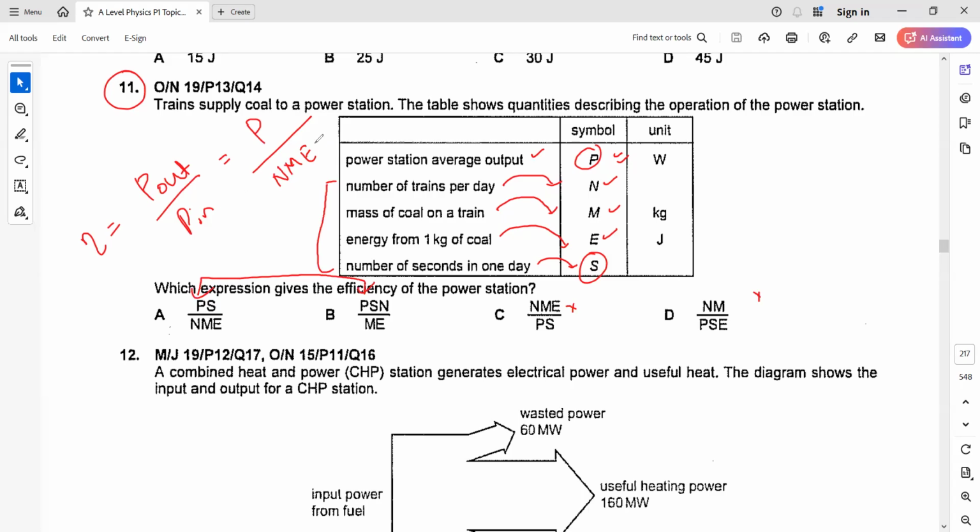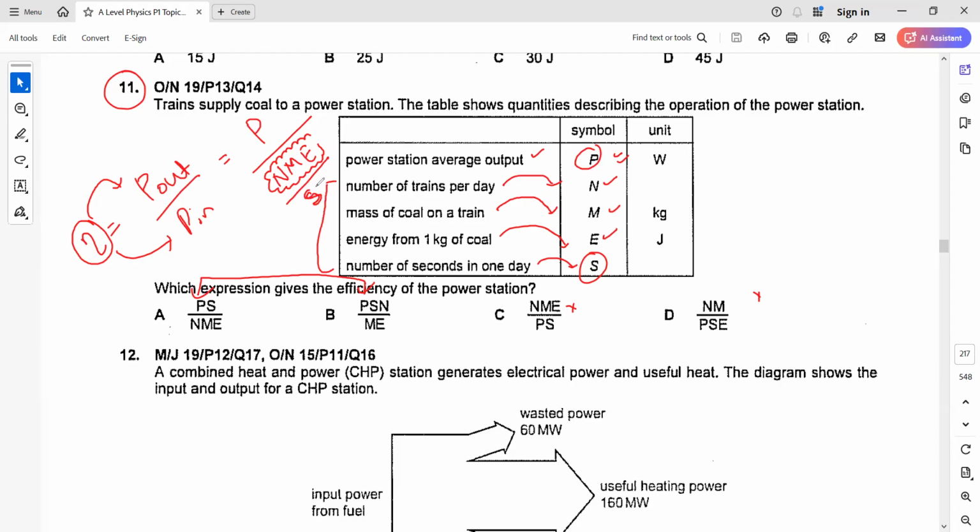Because this expression gives us the total amount of energy that is carried by number of trains having M mass of coal. So that's energy. But we intend to work out power. I told you guys in the class that whenever you are working with efficiency, if numerator has power, denominator should also be power. In order to convert energy into power, I can just divide by time, and time given is in seconds, right?